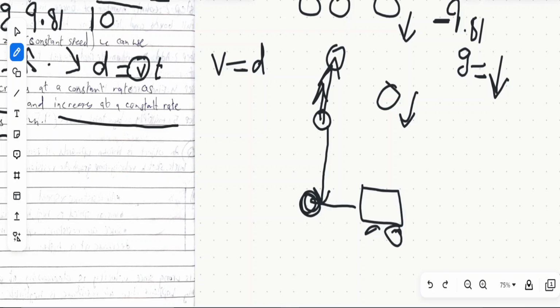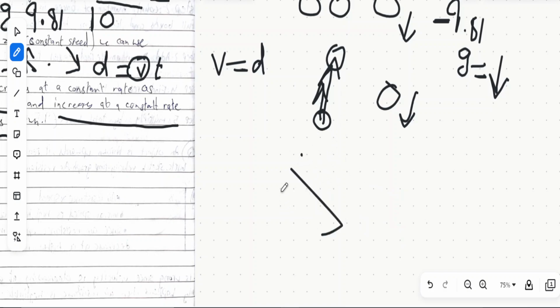In the case of my ball, the rope pulling it backwards is my gravitational acceleration. Because of this, as the ball moves towards the sky, your velocity will decrease.